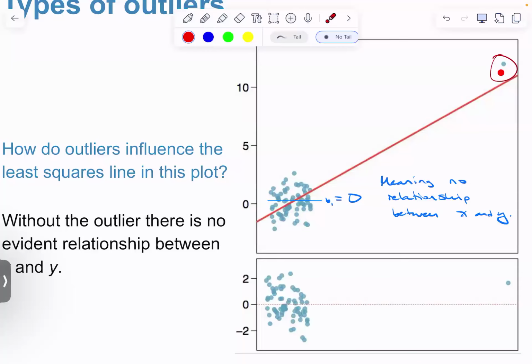This outlier is what's pulling the line up towards it.